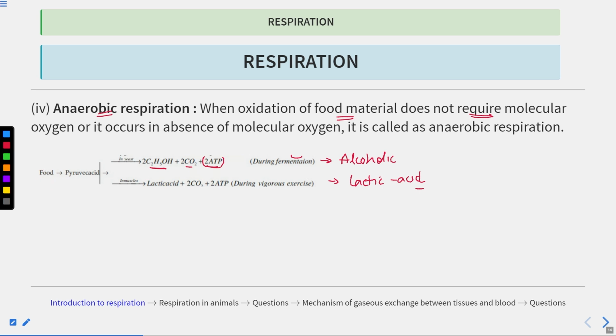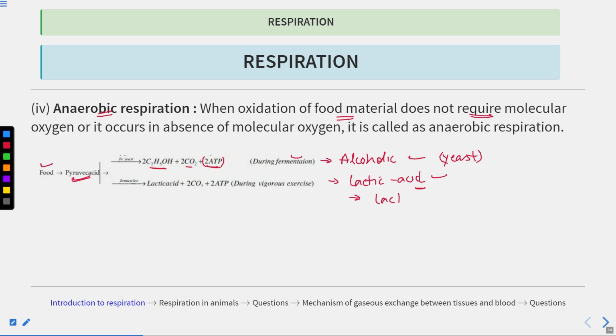Here what is happening? Food is broken down, first glycolysis will happen. So it will convert the glucose into pyruvic acid. Then pyruvic acid will take part in the alcoholic fermentation or lactic acid fermentation. If we talk about yeast, alcoholic fermentation takes place in yeast, and lactic acid fermentation takes place in the lactic acid bacteria.